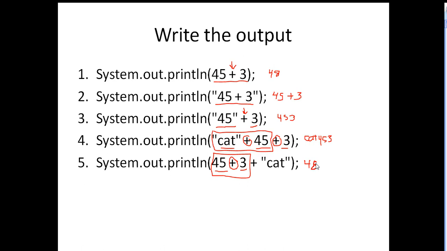Okay, so now as we continue working on, you have a 48 plus a string which can't be added together, so now this plus sign here becomes a concatenation operator, and so it's 48 cat. That's what's going to be printed. Alright, so that's how that slide goes.